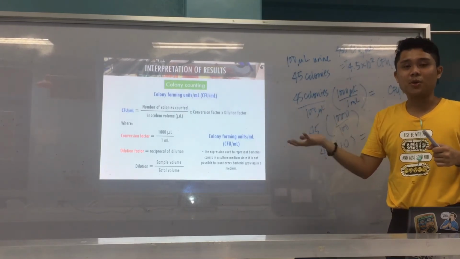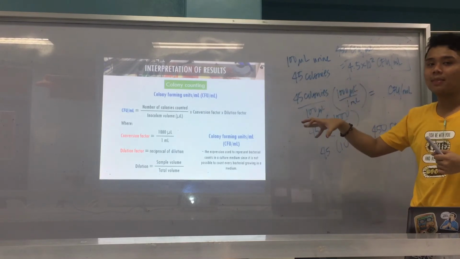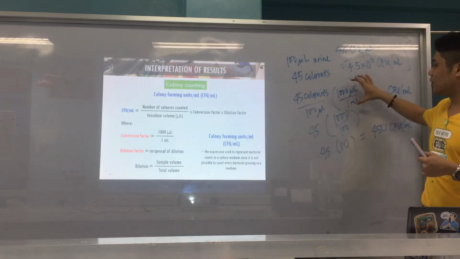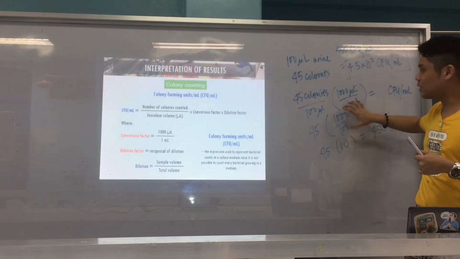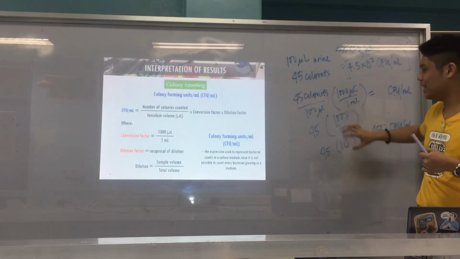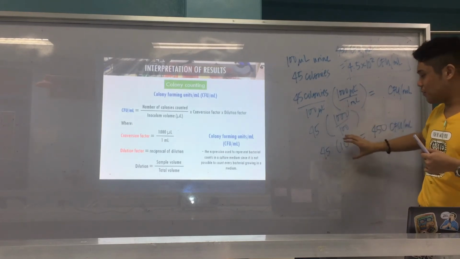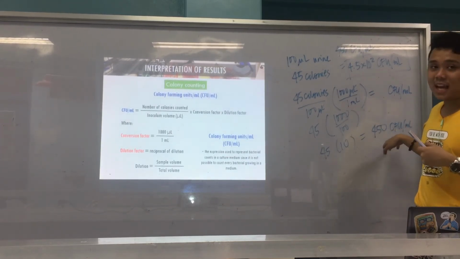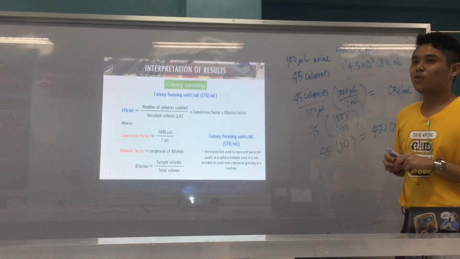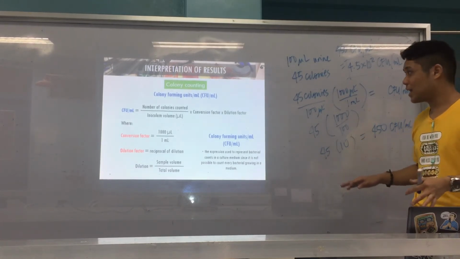Since it is 100 UL, we have to convert that to ml. That's why we have this factor. The shortcut is equivalent to 1,000 divided by 100, so you have the factor of 10. So 45 times 10, 450 CFU per ml. So basically, that's it for calculations.